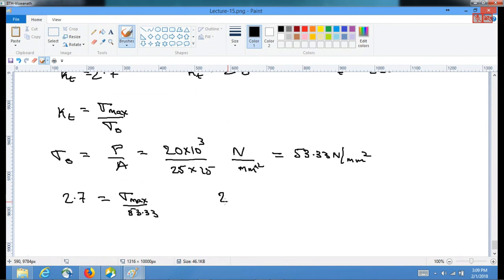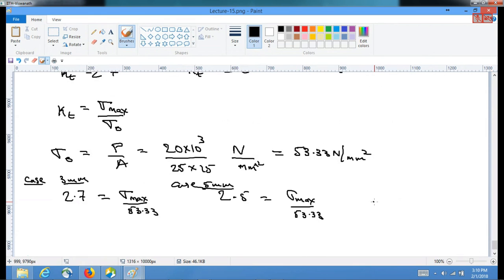In the second case, for 5 mm, 2.5 is equal to sigma max by 53.33, and 2.25 is equal to sigma max by 53.33 for the case of 10 mm.